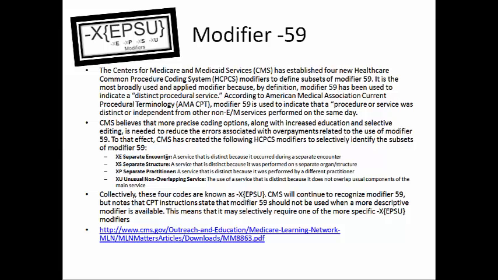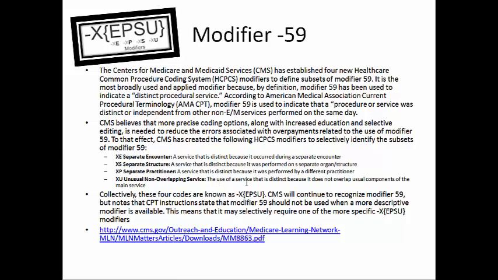XE for separate encounter, a service that is distinct because it occurred during a separate encounter. XS, a separate structure. XP, separate practitioner, so it's performed by a different practitioner. XU is unusual, non-overlapping service.